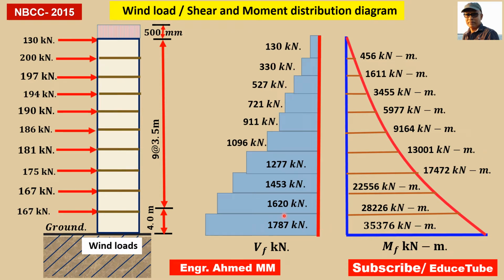But I have to take these two values. One is 1787 from here and 35,376 kilonewton meter. Both are on the first floor, and I will use these to design the shear wall in terms of shear and flexure. So let's move on, taking these two values.